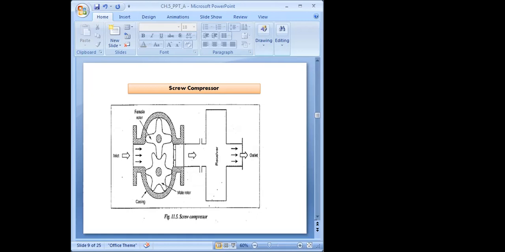Both screws have two separate shafts. Due to the rotary momentum of the screws, air is compressed, and from the outlet port you get the compressed air, which is collected at the receiver, and from the receiver you can take it to your further circuit. That is a screw compressor.